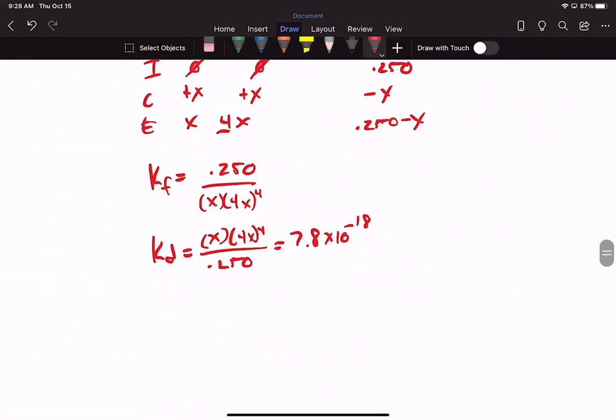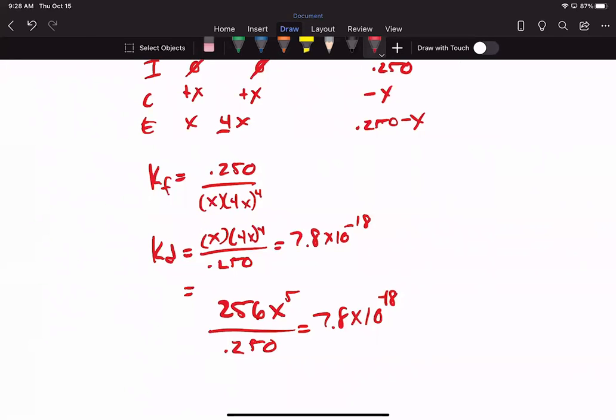So if we calculate this, what do we have here? We have 4 to the fourth, 4 times 4 times 4 times 4, 256 x to the fifth over 0.250 is equal to 7.8 times 10 to the minus 18.